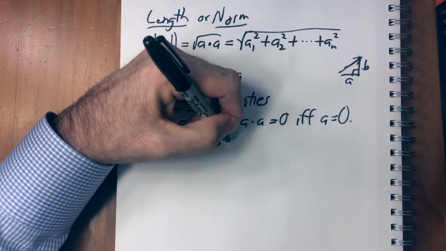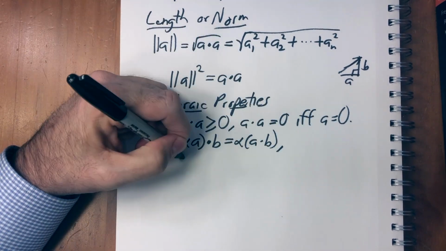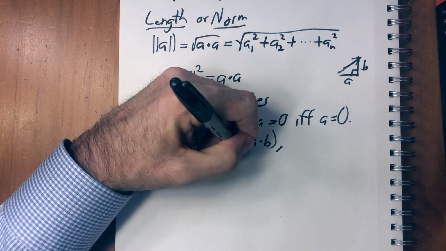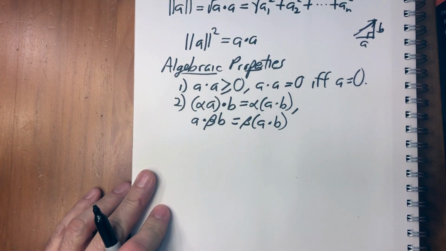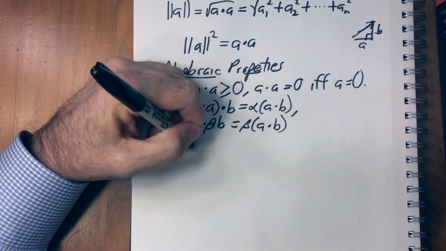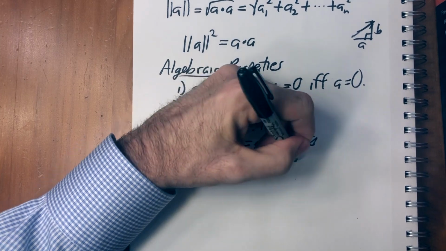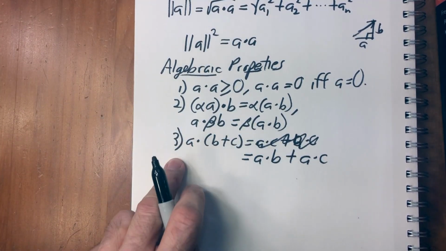If we have alpha times (a dot b), that equals (alpha a) dot b, and alpha (beta a) dot b equals beta (alpha a) dot b. And it's distributive. So if we have a dot (b plus c), that equals a dot b plus a dot c. And it's distributive in both ways.